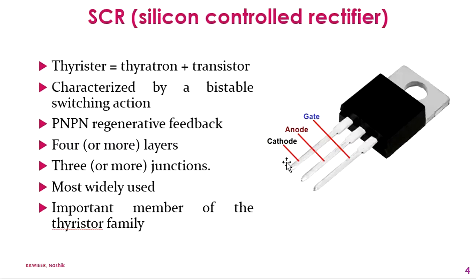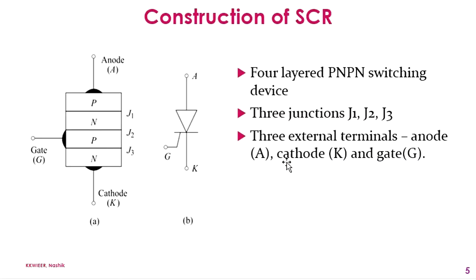Now let's move towards the construction of this SCR. Here you can see this is a 4 layered PNPN switching device. PNPN, 4 layers are there, and due to these 4 layers 3 junctions are there: J1, J2 and J3. It has 3 external terminals: anode, cathode and gate.